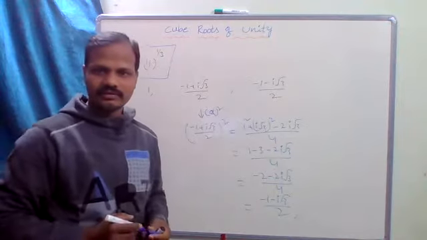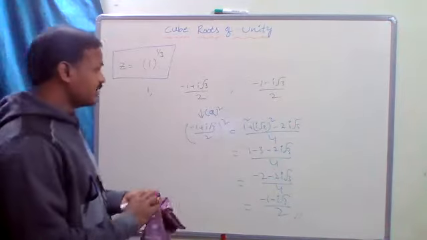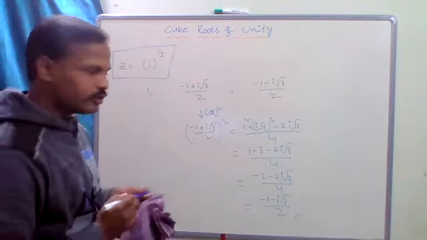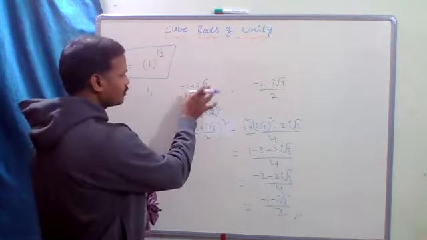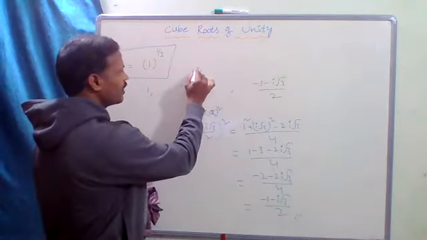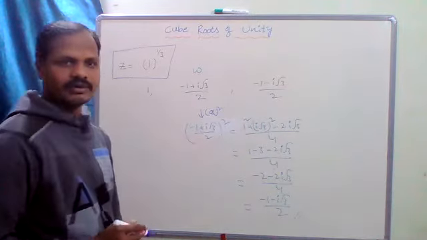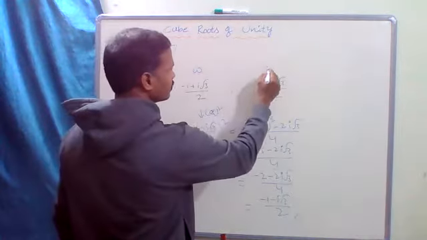Is it clear? Okay. So now in general, the cube roots of unity will be denoted by 1, and this will be denoted by omega. This is the symbol for omega, the Greek alphabet. So omega, and this is the square of this one, so omega square.